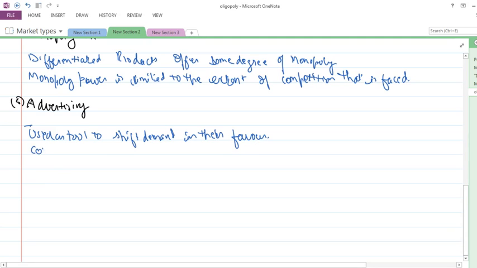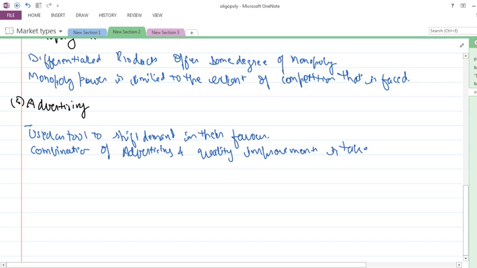So a combination of advertising and quality improvement is taken into account for differentiating themselves.